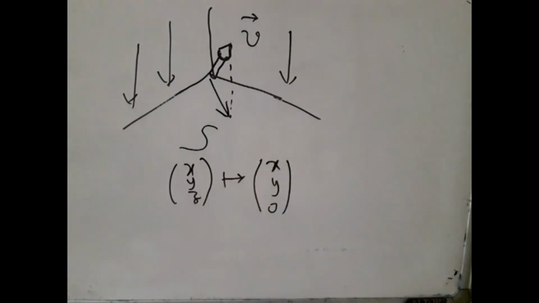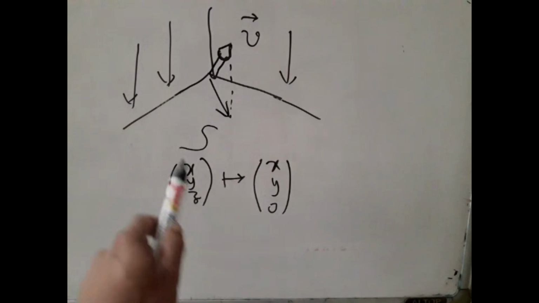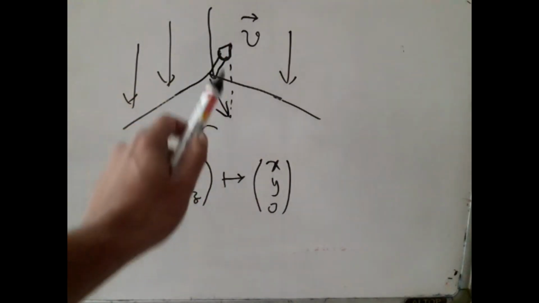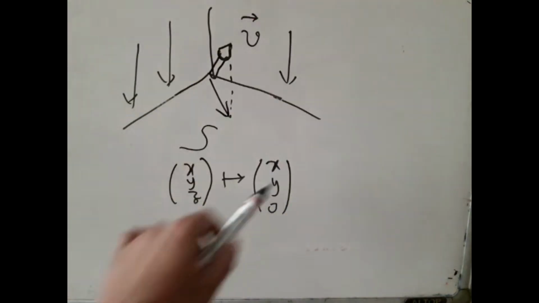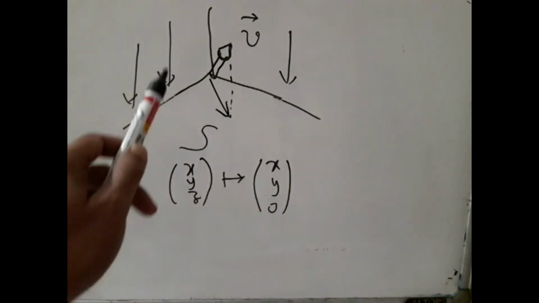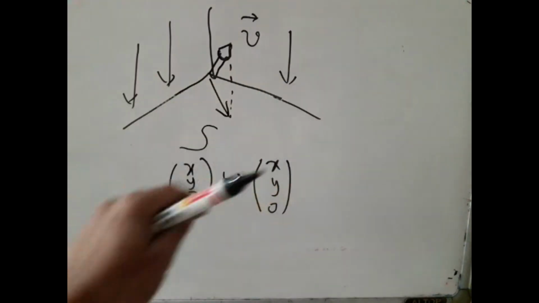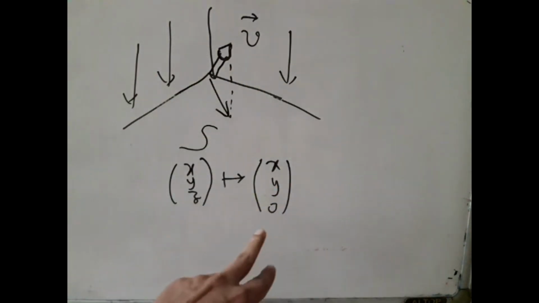A word of warning here, it is not x, y, it is x, y, 0. So both V as well as its orthogonal projection lie in the same R3. Do not think that its projection onto the xy plane is merely x, y. Don't forget about the 0.